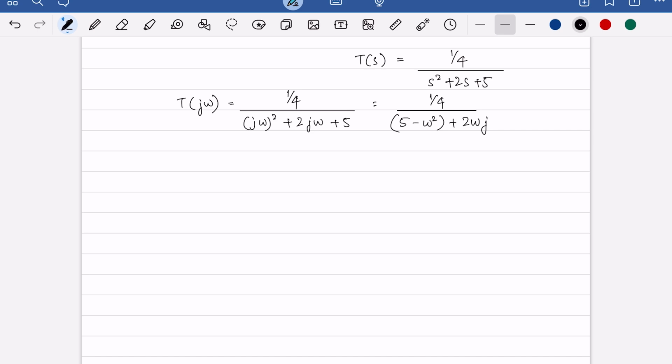Depending on the application, you could find the angle of T of j omega with omega remaining as a parameter. But since we know omega, and I'm just trying to show you an example, you can substitute it here to obtain 1/4 divided by 5 minus 2 squared, so that's 1, plus 2 omega, which is 4j.